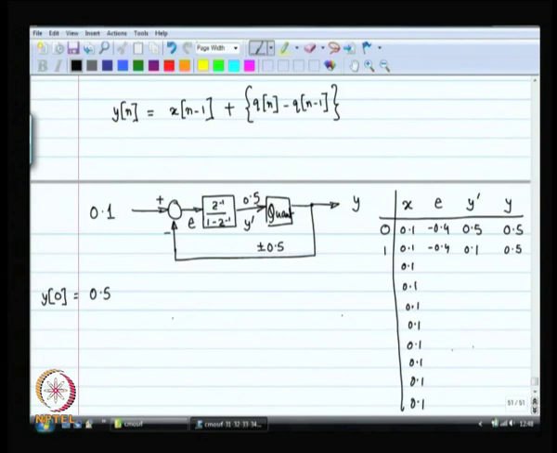Now, the new y hat is going to be minus 0.3, and since the new y hat is minus 0.3, the new y is going to be minus 0.5, which means that my error is now going to be plus 0.6. Now, the new y hat is going to be plus 0.6 plus minus 0.3, so plus 0.3, which means that I have got 0.5 over here, and that means that my new error is minus 0.4.